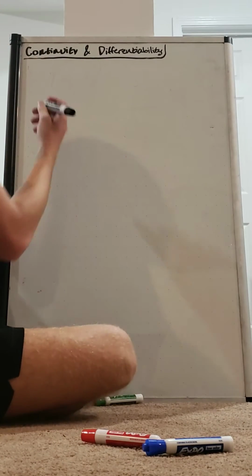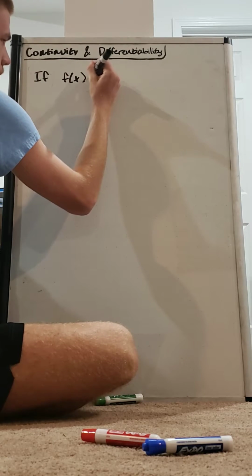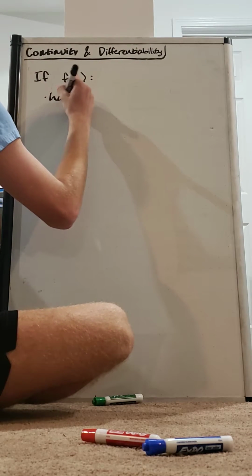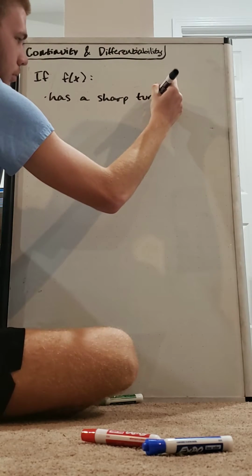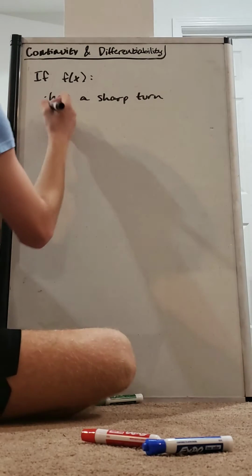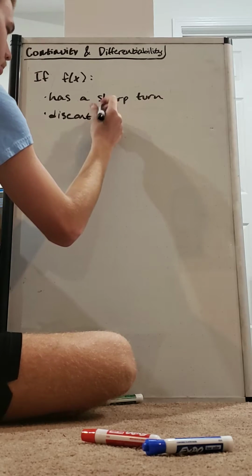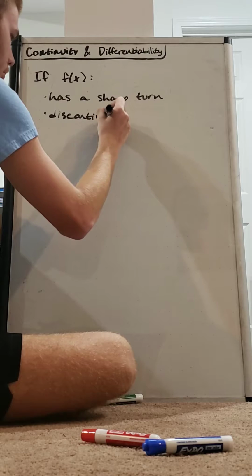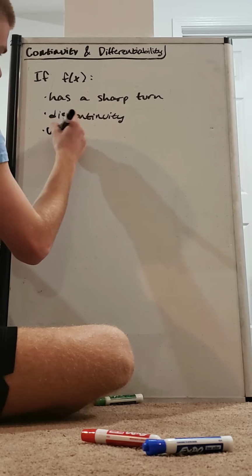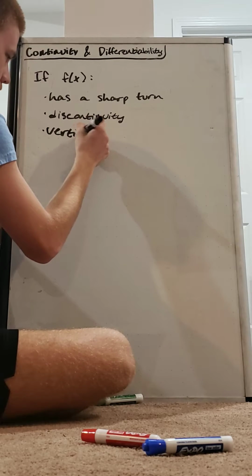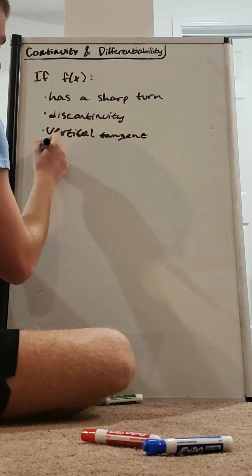If f of x has a sharp turn, a discontinuity, a vertical tangent, or a cusp.